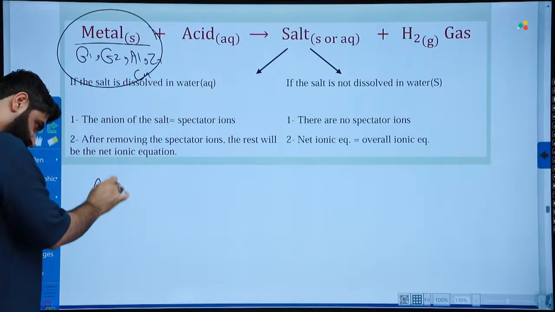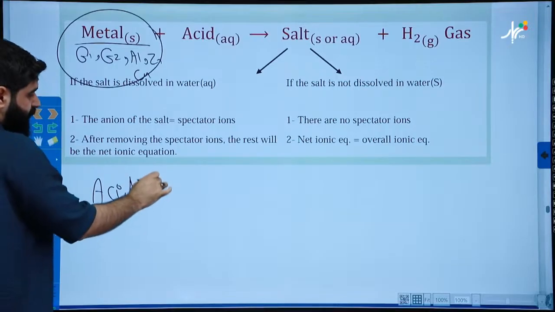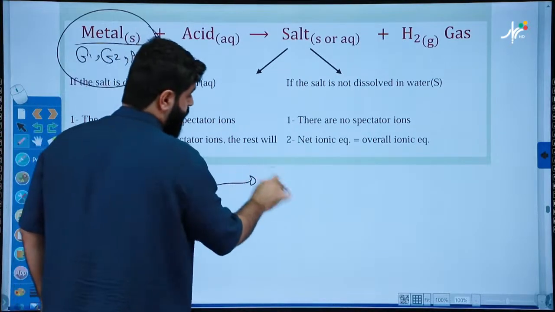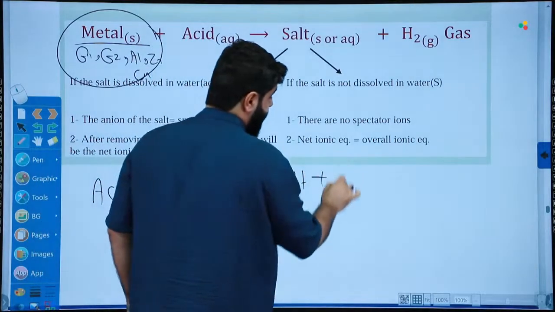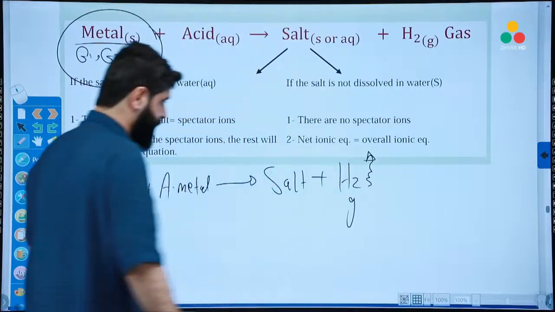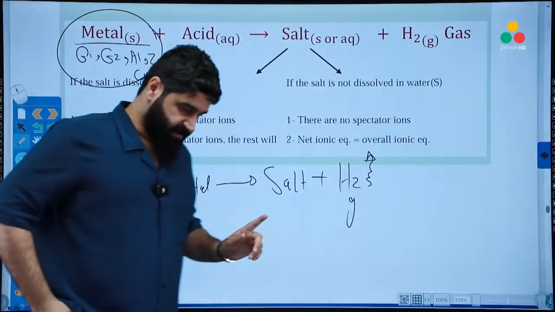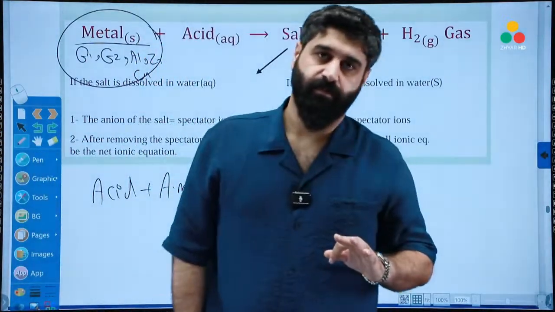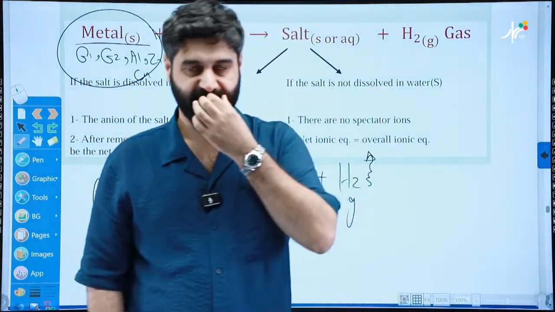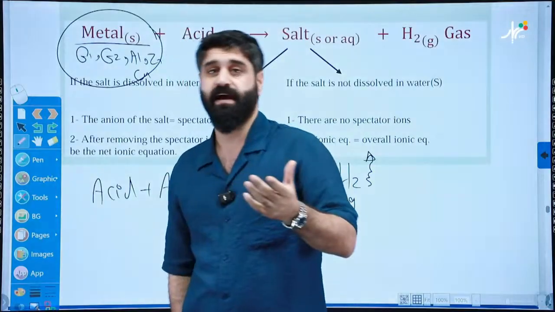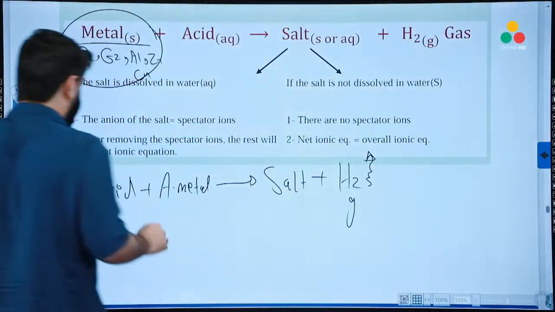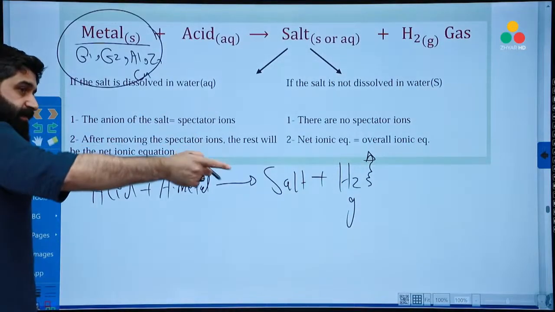Acid plus active metal to form salt and releasing hydrogen gas. If you remember, this is the third point of the properties of the acids: some acids react with the active metals to release hydrogen gas. Check the properties of the acids, you will find this point in there. In there I said by the end of the chapter we'll get back to this.